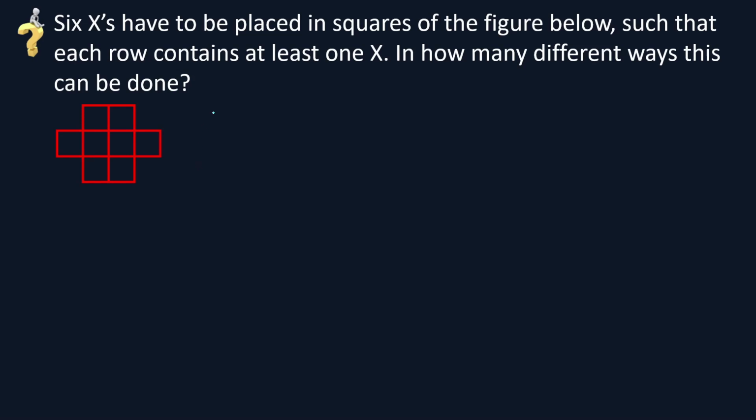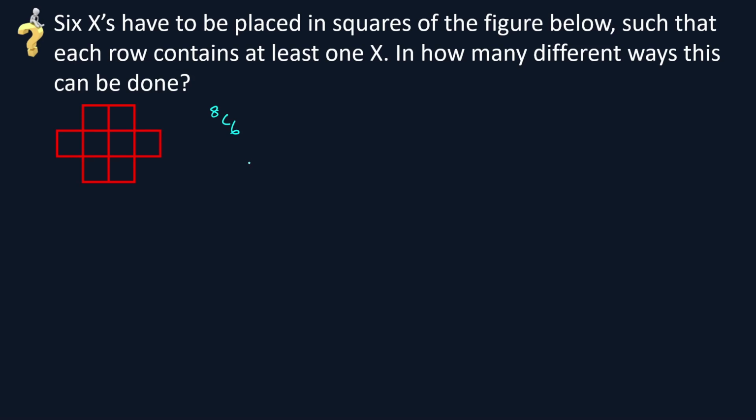Now, out of these 8 squares, if I choose 6 squares, that can be done in 8C6 different ways. It means you have chosen 6 squares, and in these 6 squares, you are putting the 6 x which are available to us. Since the 6 x are identical, there is no need to arrange among themselves because that can be done in only one way.